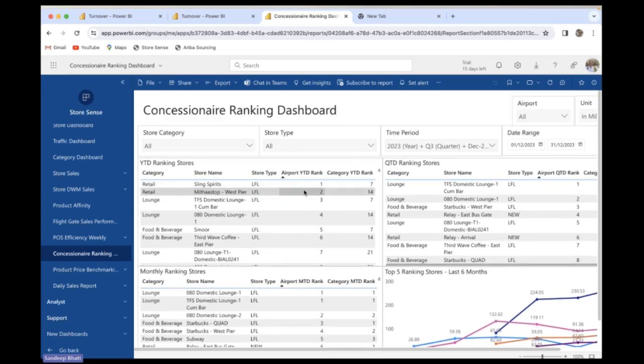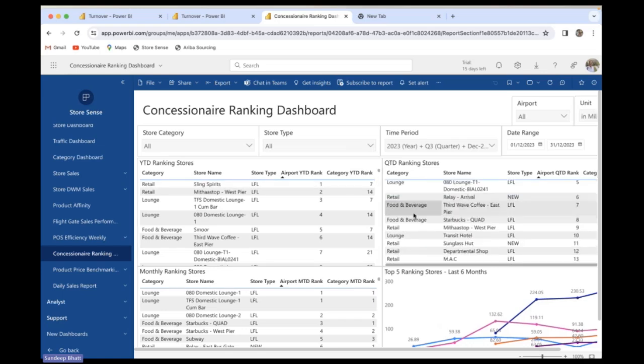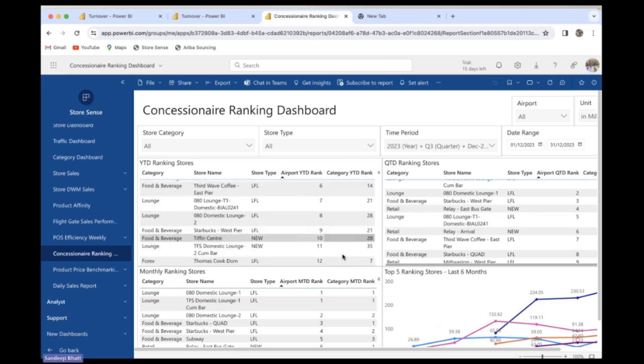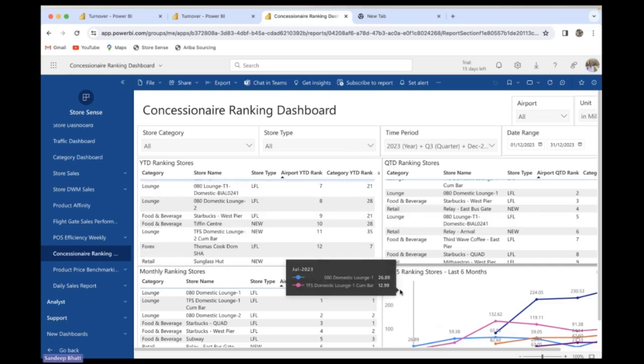You have a ranking of all those stores based upon the sales they have achieved. So under retail, Sling Spirits, airport YTD rank was one. In terms of category ranking, it is at number 7. Likewise, one can look into how a particular store is performing, what its ranking is, and where it stands.